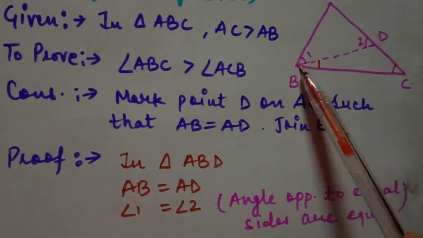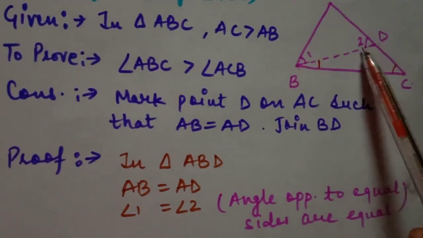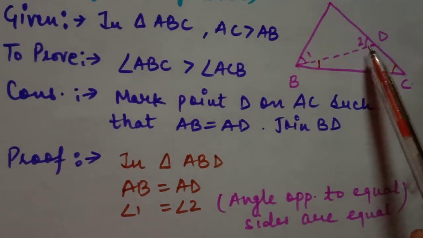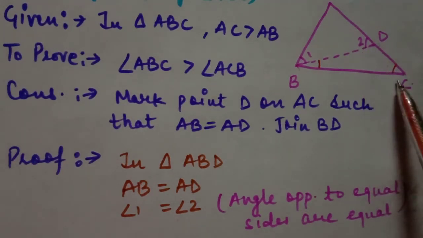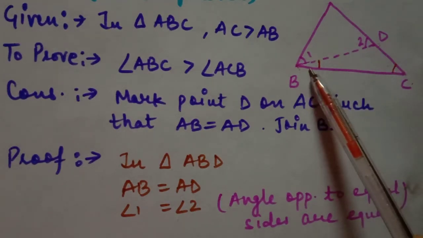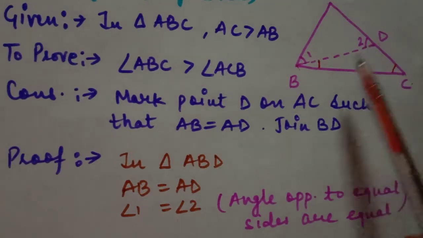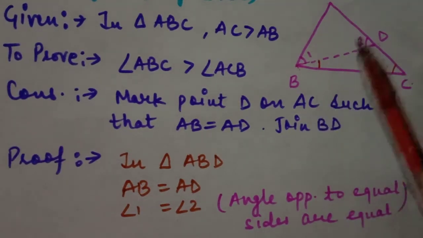It means DCB and DBC. Angle 2 is equal to the sum of these two angles. If I compare angle 2 with this angle or individually with that angle, definitely angle 2 is greater than this as well as this also.